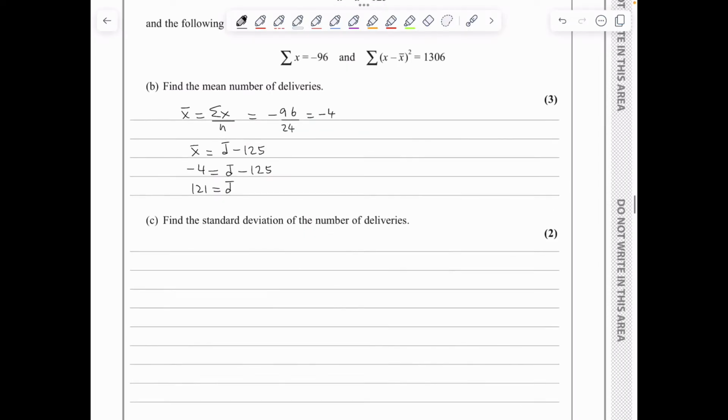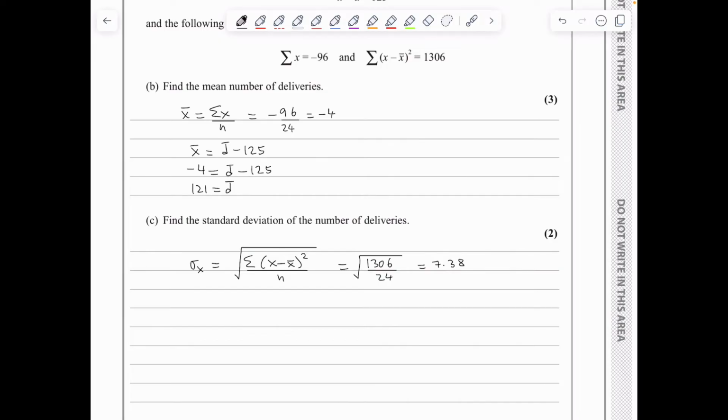To find the standard deviation, I will start by stating that the standard deviation of x is simply the square root of the sum of the x minus x bar squared over n, which in our case is equal to the square root of 1306 over 24, which gives an answer of 7.38.